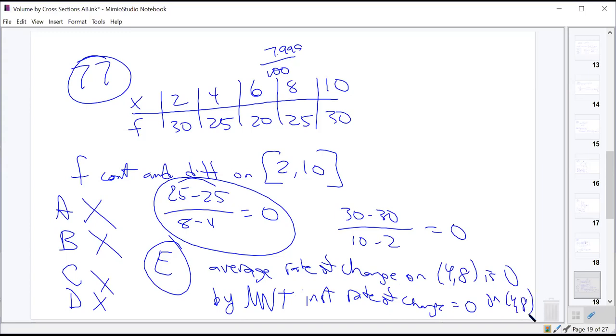But it doesn't guarantee where that instantaneous rate of change of 0 occurs. We just know it's somewhere between 4 and 8, but it doesn't have to be at the midpoint of it.